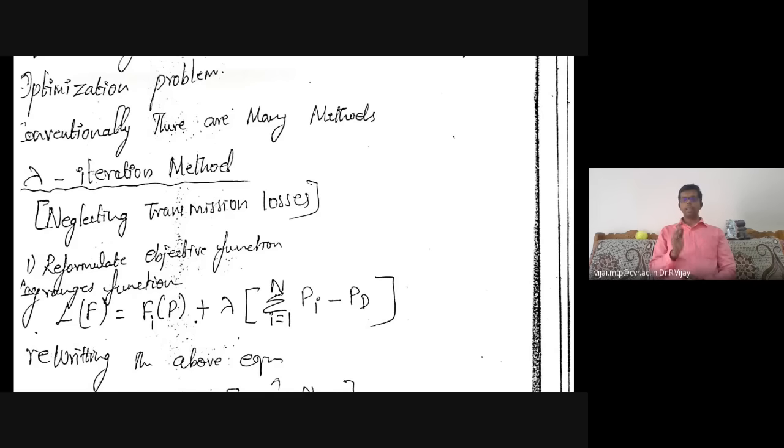So in this lambda iteration method, we are going to solve this problem using Newton's method. I think you have studied Newton's method in your basic physics classes and basic mathematics also. Newton's method is a very accurate method of solving the problem.